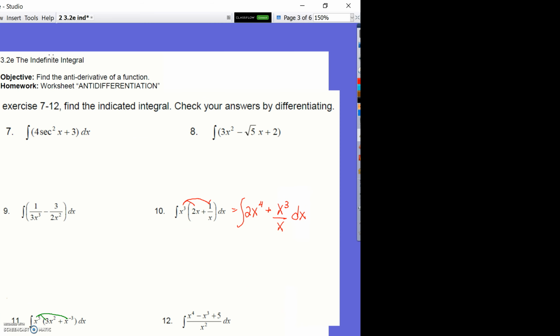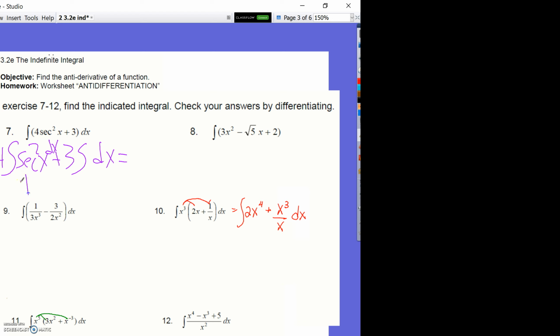Okay, the last 6 problems. Number 7, separate your antiderivative into 4, and then the antiderivative of secant squared x plus 3, forgot the dx. Why I always forget the dx. 3 times the antiderivative of dx.